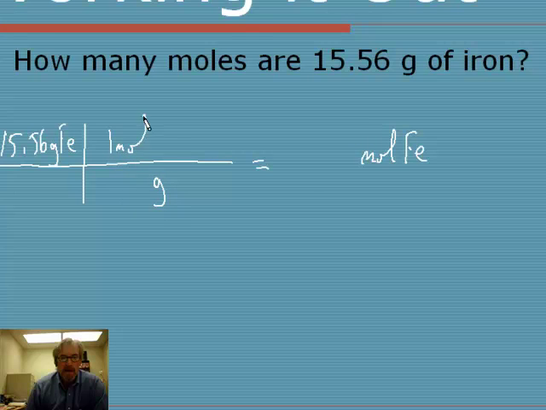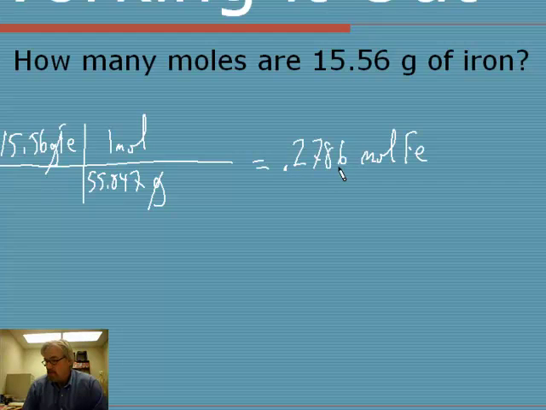I want moles in my answer, so I put that on the top. For iron, it's 55.847 grams per mole. Unit analysis, grams cancel, moles are in my answer, and that's what I want. I need 4 significant figures, and it comes out to 0.2786 moles of iron.